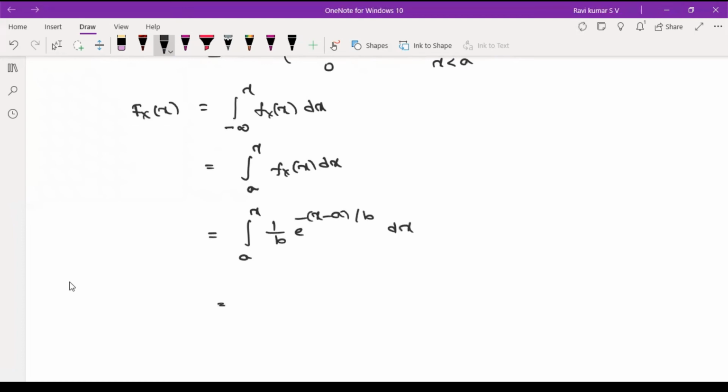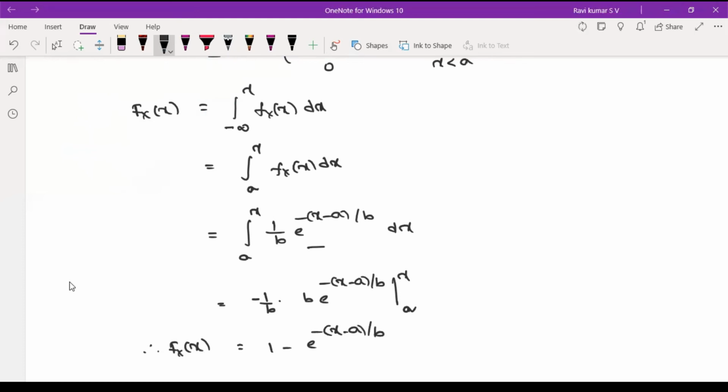Okay, and now you can integrate the term e power minus x minus a by b, then you can get minus 1 by b into e power minus x minus a by b, and you can substitute the limits x and a. Then by substituting the limits, you can get FX of x is equal to 1 minus e power minus x minus a by b.